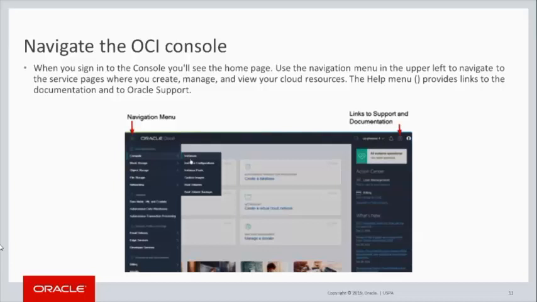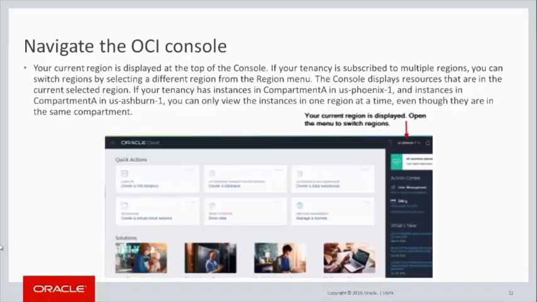The Help menu in the upper right provides access to links, to documentation, and to Oracle support. Next to the Help menu, you will see your current region displayed. If your tenancy is subscribed to multiple regions, you can switch regions by selecting a different region from the Region menu. Note that the console displays resources that are in your current selected region.